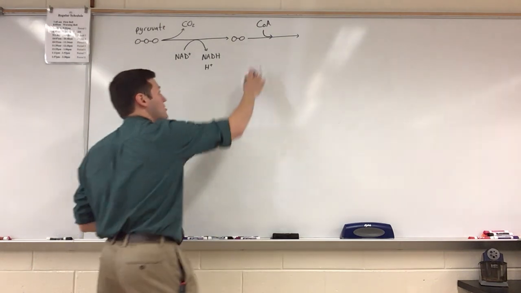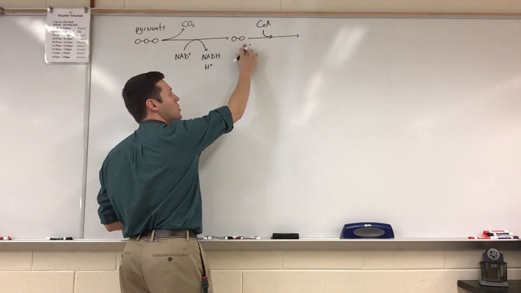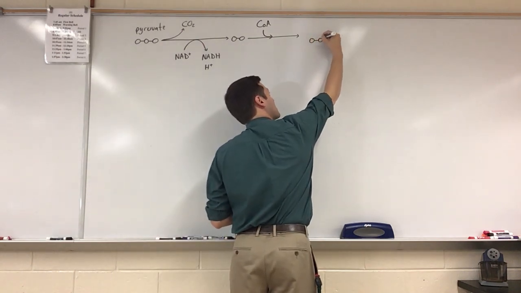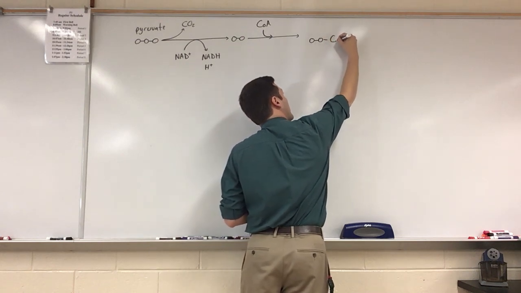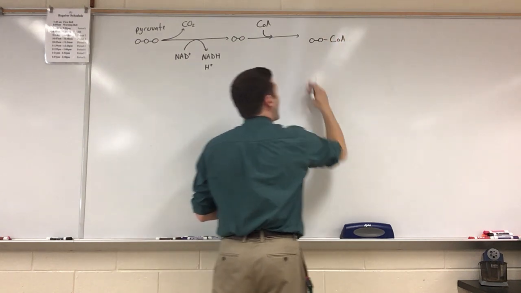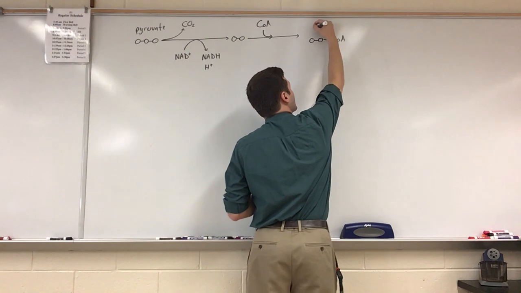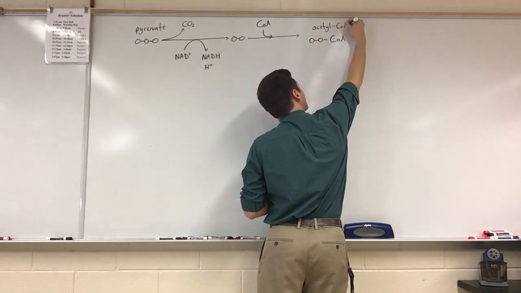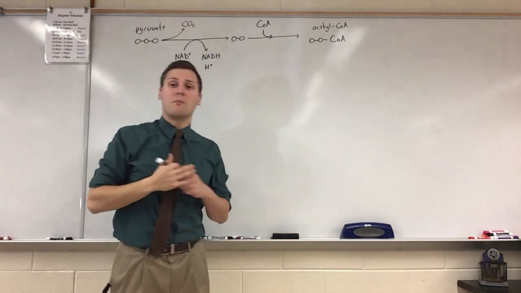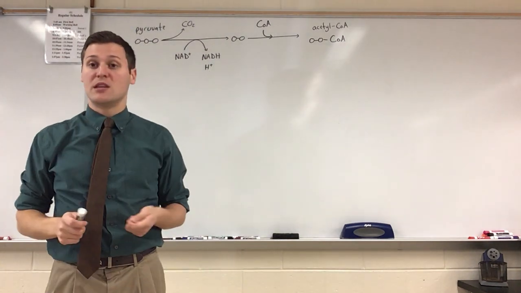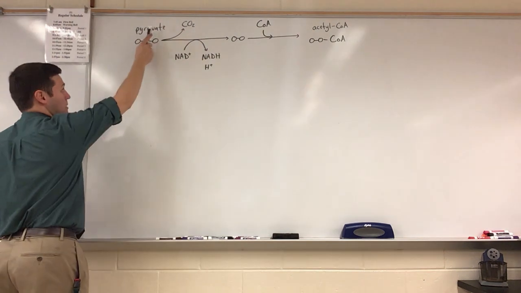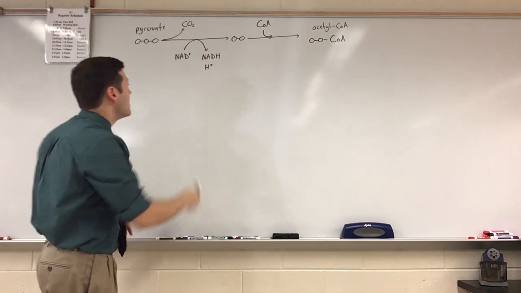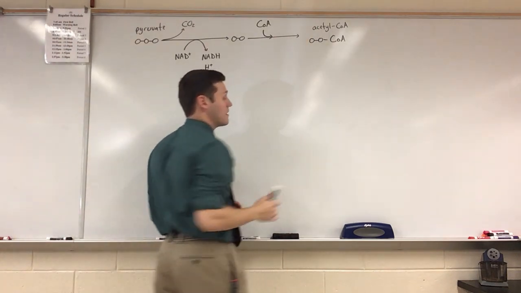This coenzyme is attached to this 2-carbon molecule, and we generate this 2-carbon molecule with the coenzyme A, and we call this molecule acetyl-CoA. That is one molecule that I will require that you know the name of. So you need to know the name of pyruvate, which is what we end with in glycolysis, and you will need to know acetyl-CoA.